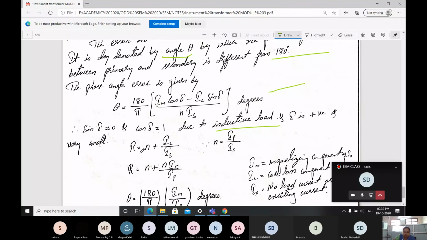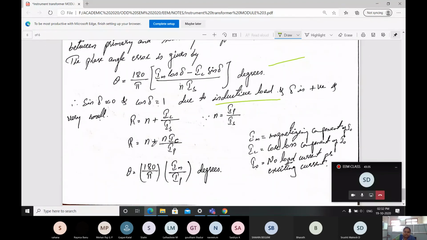Then R is equal to n plus Ic divided by Is, where n is Ip by Is. In terms of Ip, R is equal to n plus n Ic divided by Ip. Therefore theta is equal to 180 divided by pi into Im by Ip degrees.